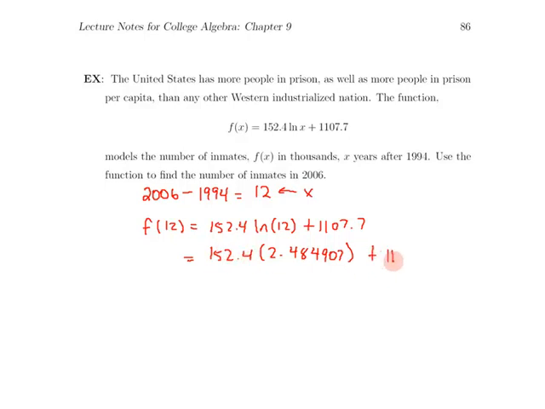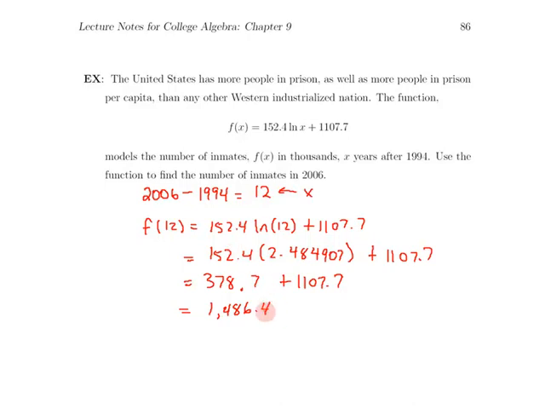I'm going to add to that 1107.7. So multiply by 152.4 and I get 378.7 plus 1107.7 gives me 1486.4 roughly.